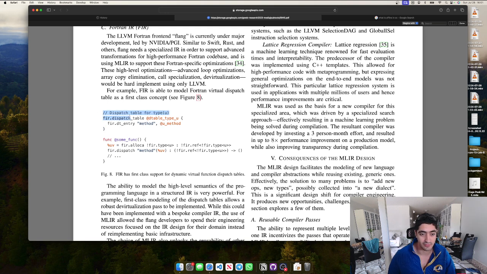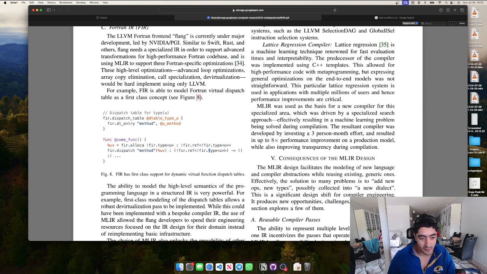I'm not sure how to read this. This is my first time. I'm not sure even if this is Fortran, but it looks like an LLVM MLIR LLVM dialect. So the value is FIR.alloc, and we have FIR.type, and then FIR.reference.